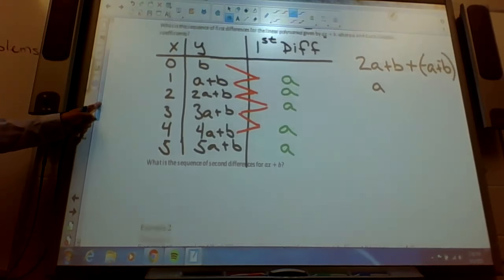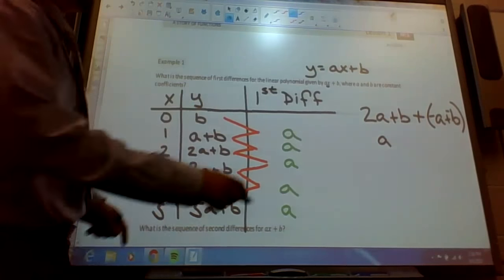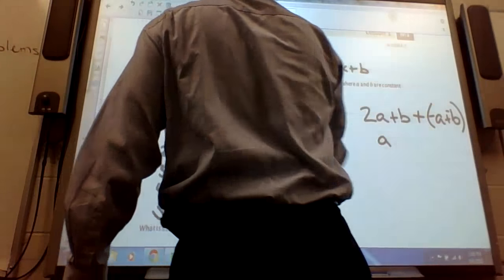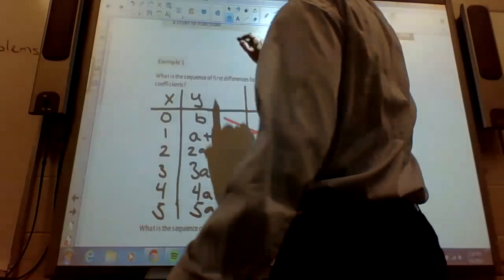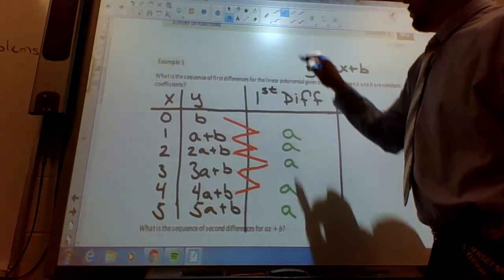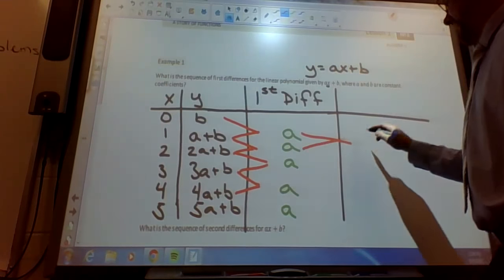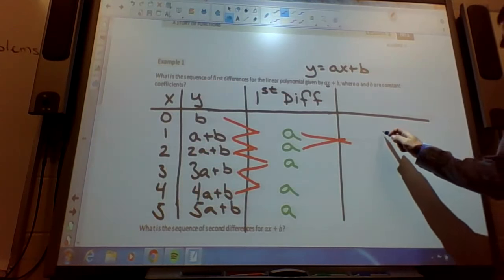What are the second differences for that? If I erase this right here, which I'm going to right now, and I do second differences. What is my second difference between that and that? A minus A. 0. Very good, Bailey.